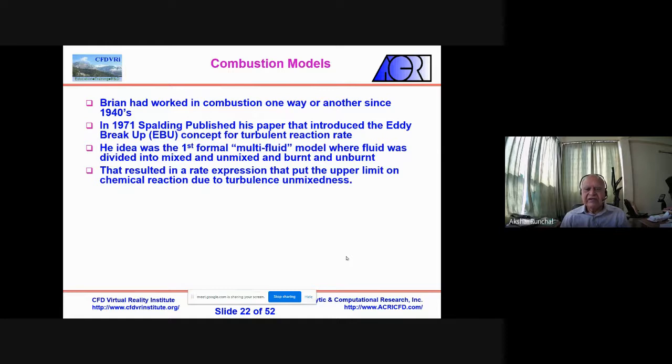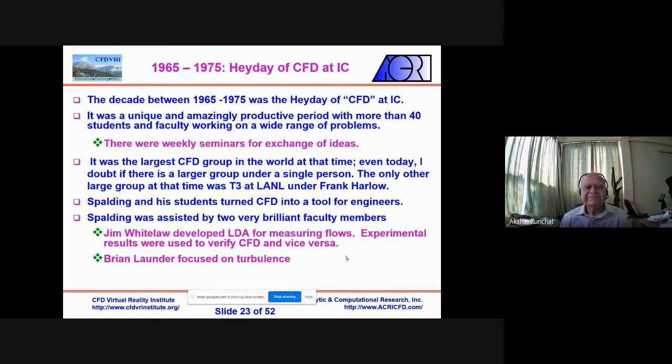If you have a laminar flow, then these two species are everywhere and can interact with each other freely. But if it's a turbulent flow, there is the problem of intermittency. That's because one species is caught in one eddy, the other species caught in another eddy. That was the problem that Spalding solved with the eddy breakup model, and this became the first multi-fluid model, and it made combustion computations practical.